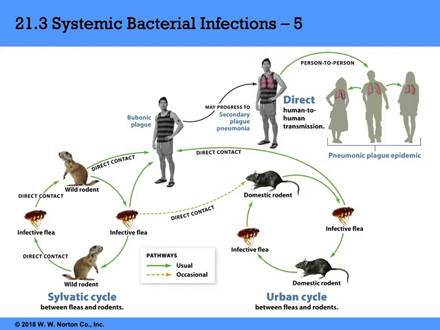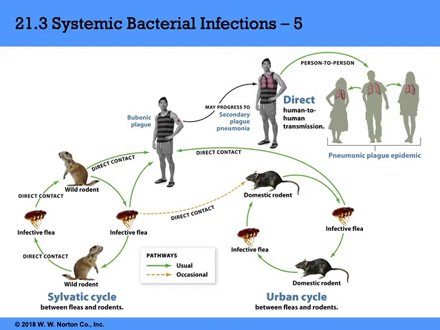The rodent, after it's bitten by the infected flea, is now going to have infected blood, and then the infected flea from the rodent can bite the human, and even an uninfected flea can feed on the rodent and acquire the infection and bite the human. Domestic rodents can do the same thing.